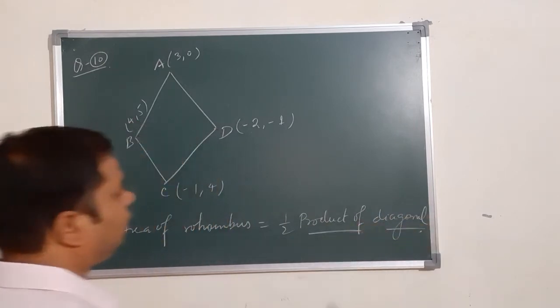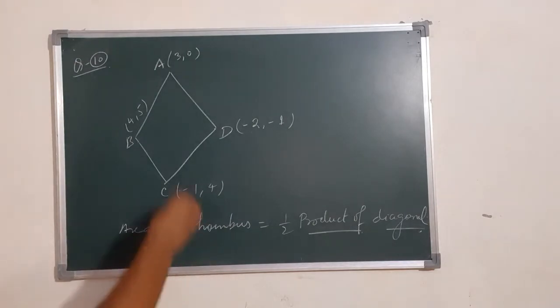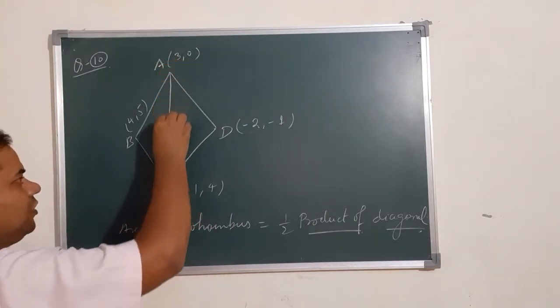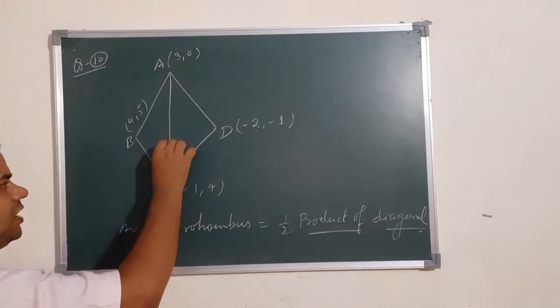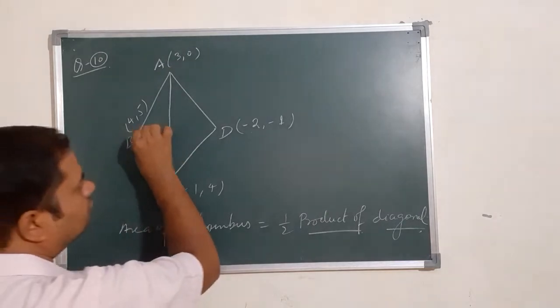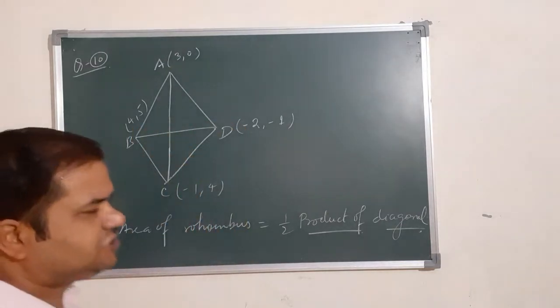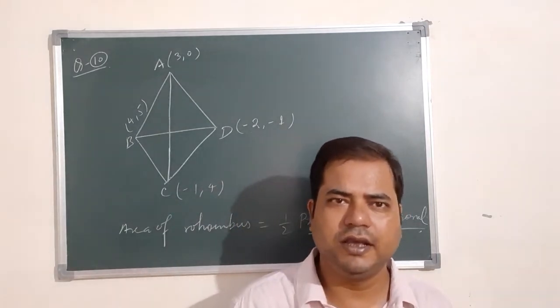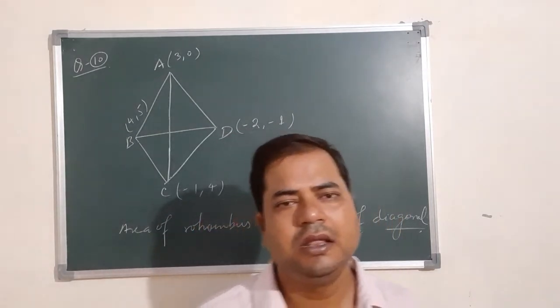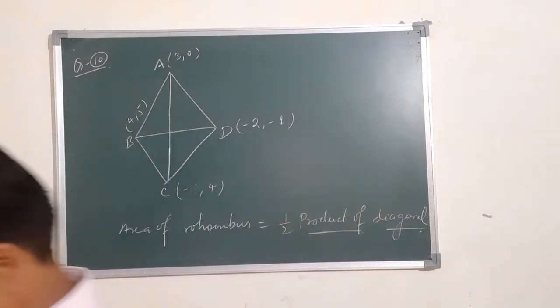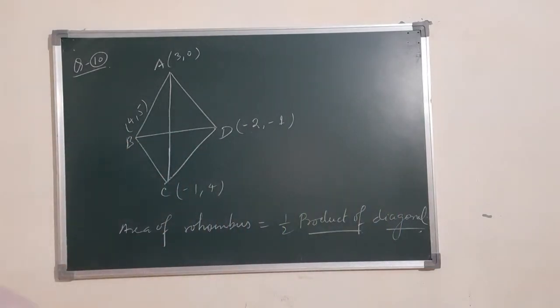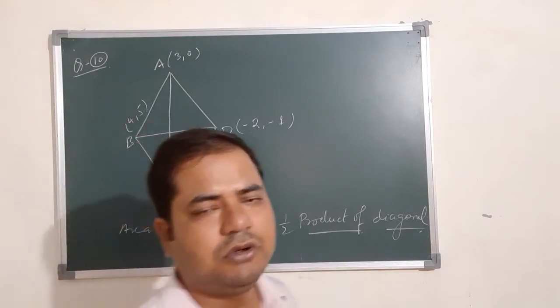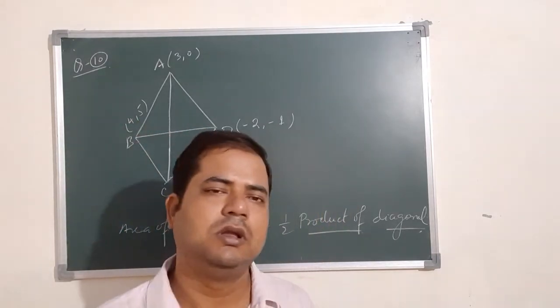You can find it easily because AC and BD are the diagonals. So using the distance formula, you can find the diagonals AC and BD, and then use the formula, half of the product of the diagonals, and you can find the area of this rhombus.